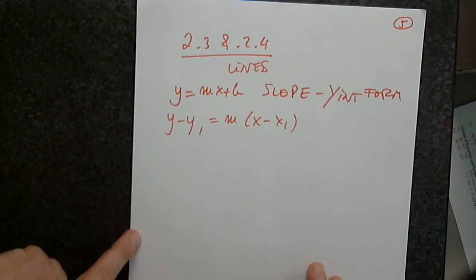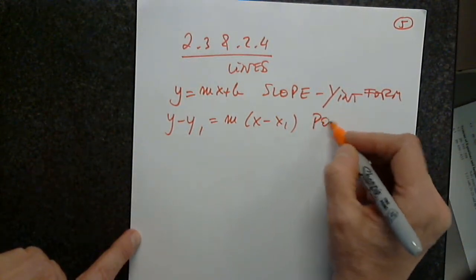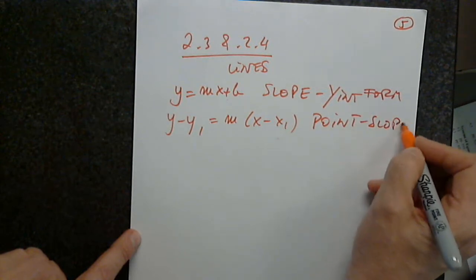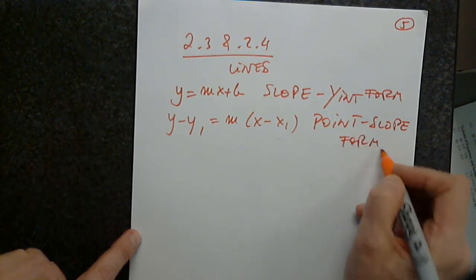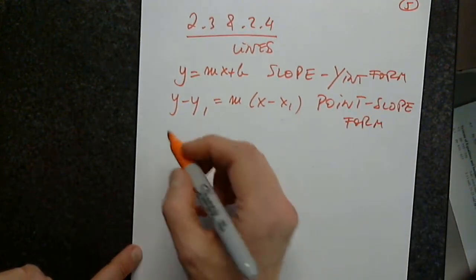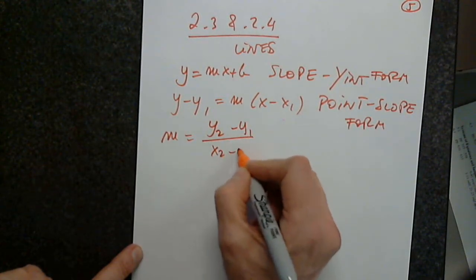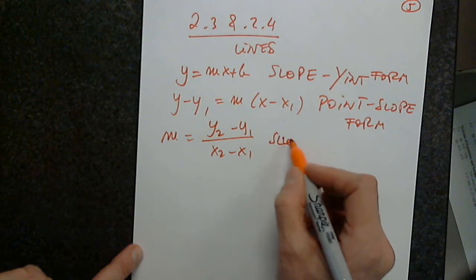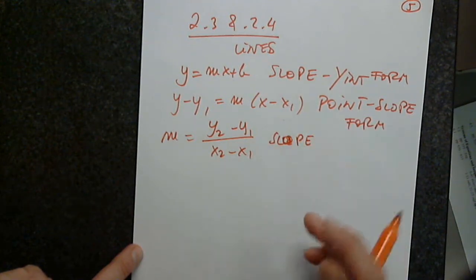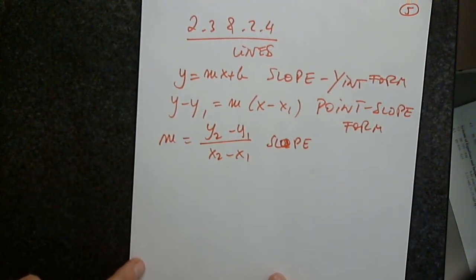Anyone remember the name of this? Point-slope. Thank you. We just used a few minutes ago the slope, y2 minus y1 over x2 minus x1. This is the slope given two points. Are we going to need to memorize these? Yes, please. Okay.